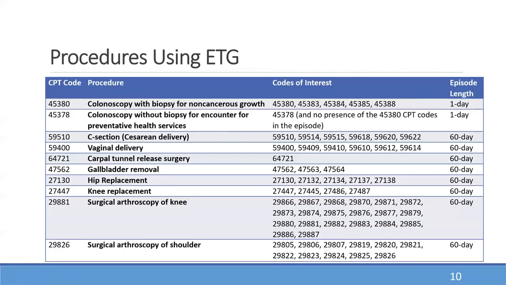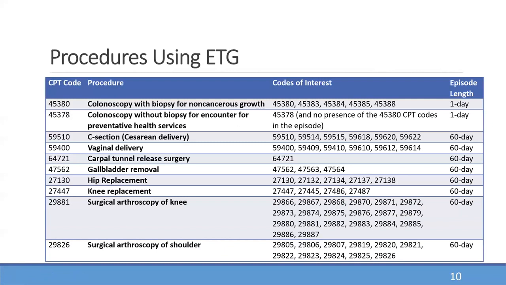So as a reminder, these are the current 10 procedures that are on CompareMaine using this grouping methodology. Everything from colonoscopies to shoulder arthroscopy. As you can see, what we're showing in the table here is a list of those 10 procedures with a lead CPT code, and then other codes of interest that we also take into consideration when looking at things like, for the first example, colonoscopies with a biopsy.